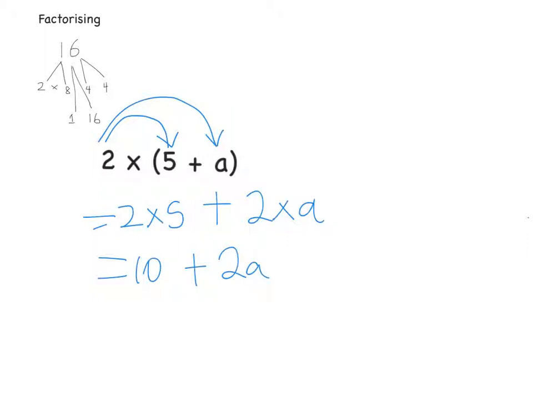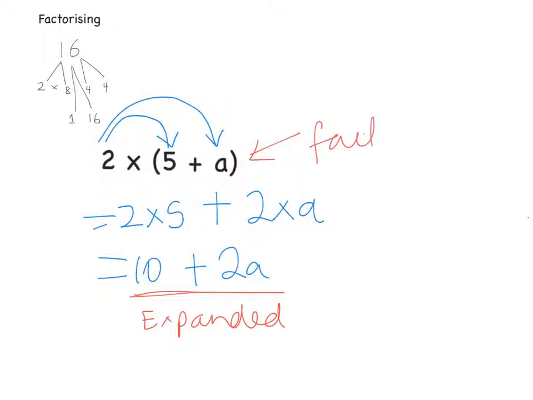Now, we know already that this is the expanded version, and this is the factorised version. What will actually happen in the questions you're being asked to factorise is you'll get the question like this, and you'll be asked to make it look like this.